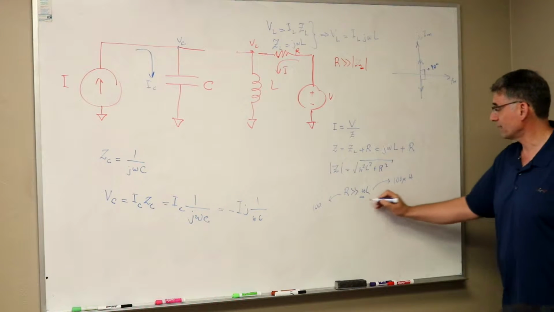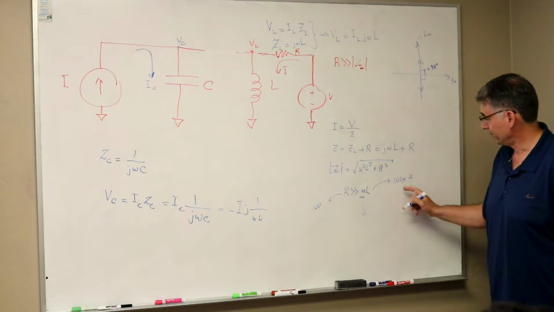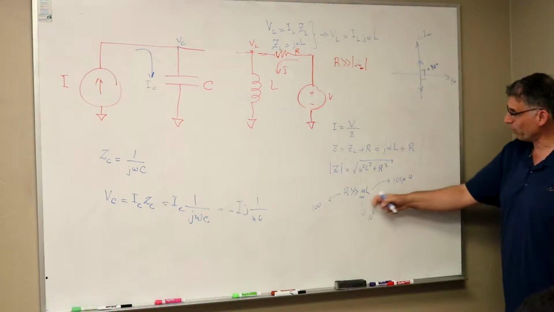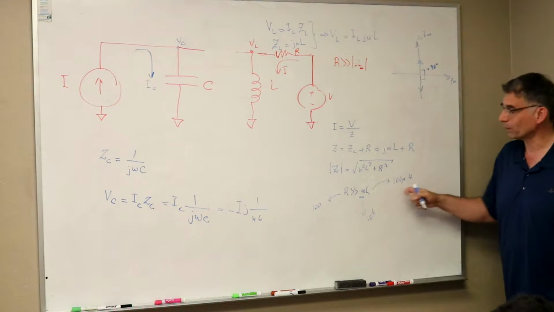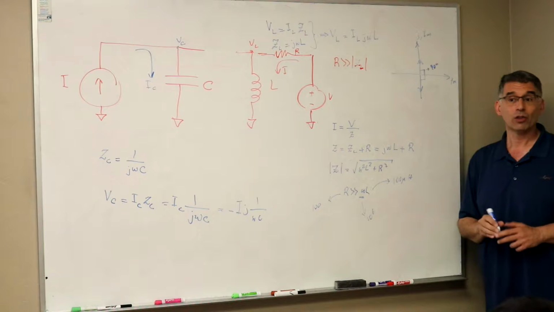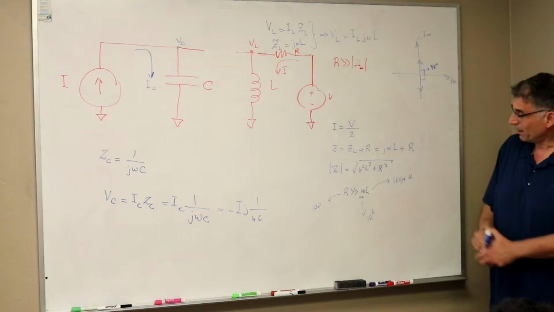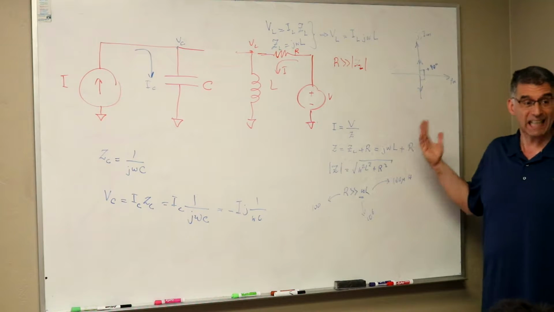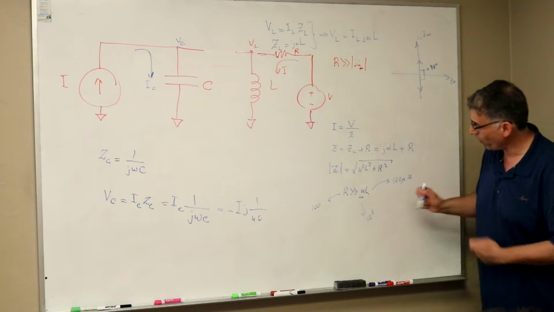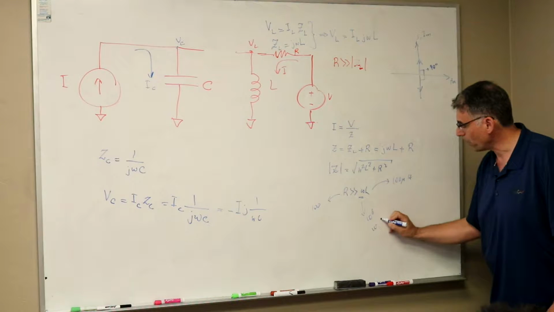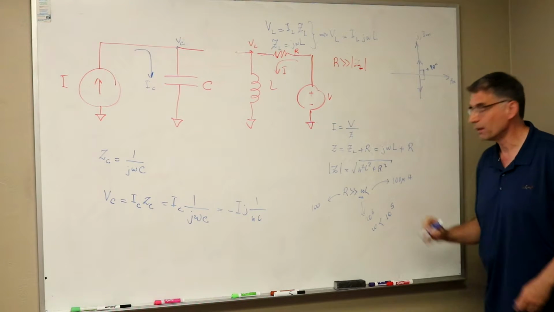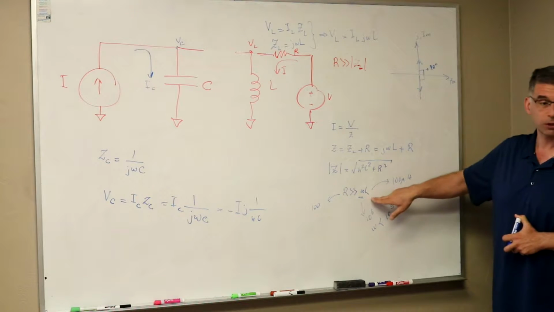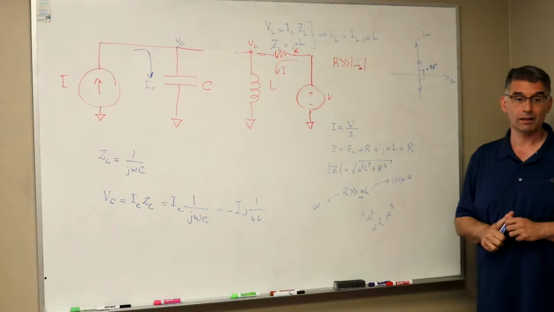It needs to be 10 to the 6. If it's 10 to the 6 and I multiply by 100 micro, then I will get about 100. So let's even reduce it by a decade. As long as my omega is smaller than 10 to the 5, then this resistance is going to be much bigger than omega L, right?